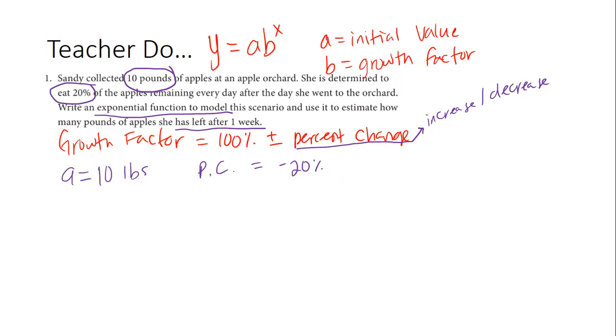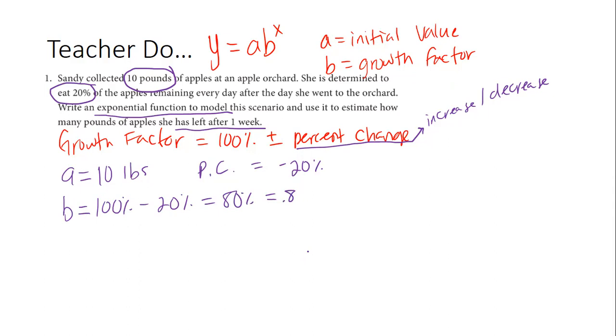Okay, the next thing we need to know is what is our growth factor? Well, I can find that now, right? My b, my growth factor, is 100% plus or minus my percent change. So for this problem, it's going to be 100% minus 20% because I am decreasing, I'm eating, right? So what is my b? 80%. How do I write that as a decimal? 0.8, 8/10.